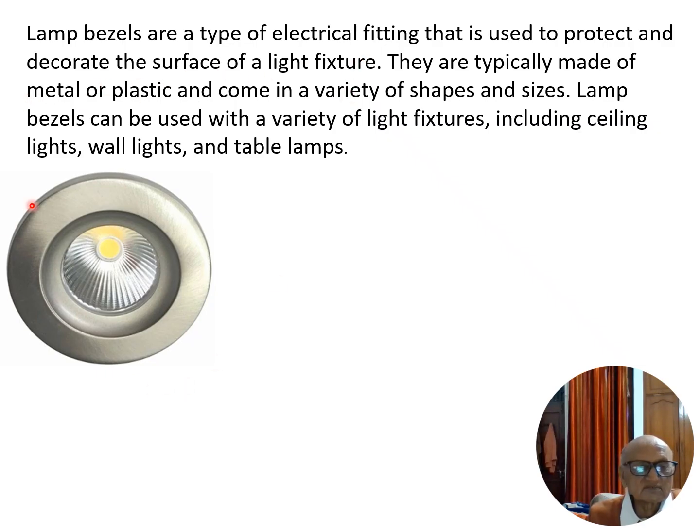They are typically made of metal or plastic and come in a variety of shapes and sizes. Lamp bezels can be used with a variety of light fixtures including ceiling light, wall light and table lamps. Okay, so the bezel is a system, and this may be self-illuminating type also.